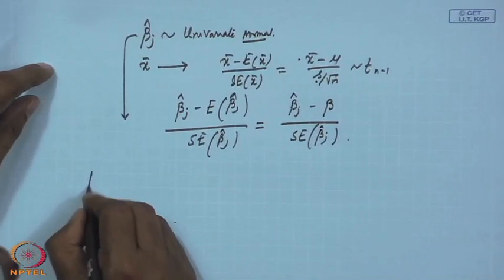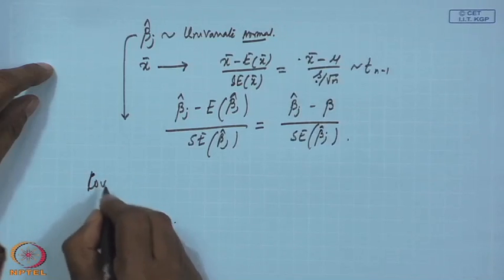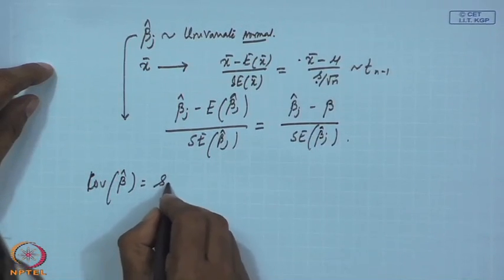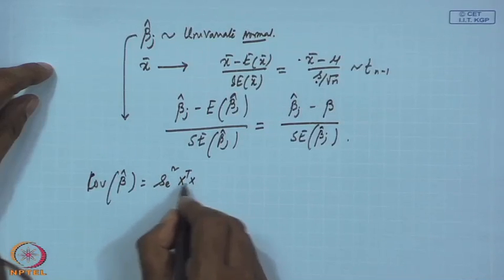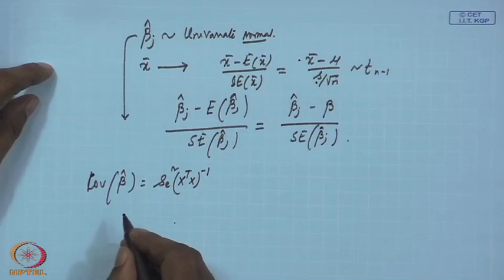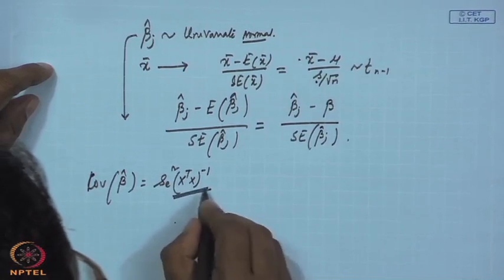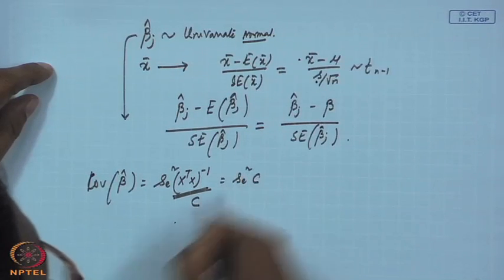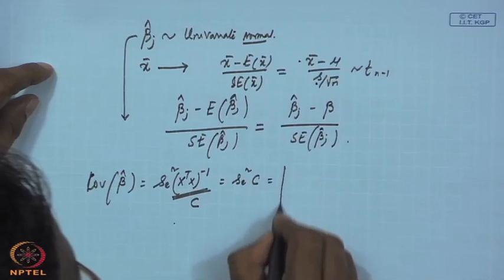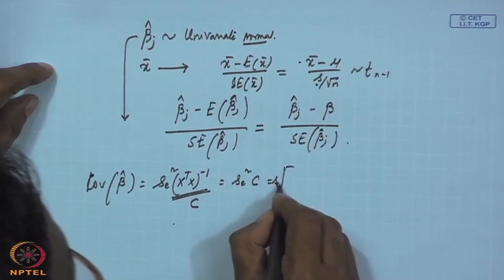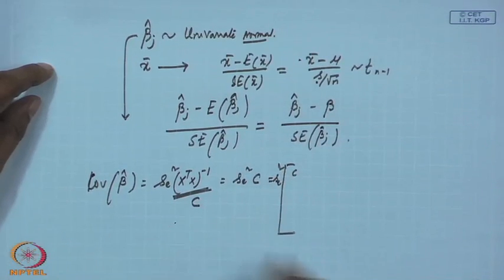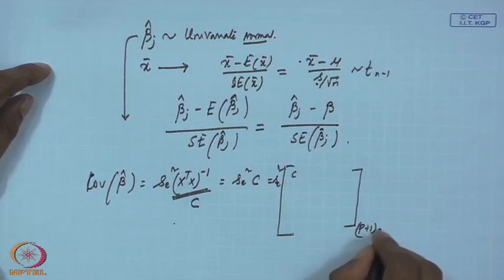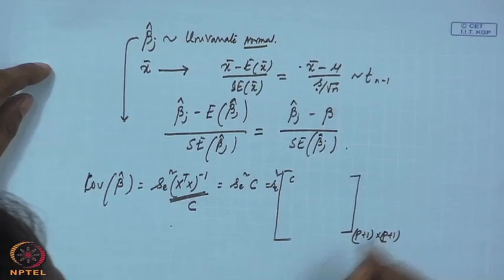See, you know that the covariance structure of beta cap is already given to you. This one is nothing but sigma square X transpose X inverse. So, if I write X transpose X inverse as C, then this is sigma square into C. Sigma square will remain, then what is the size? Size is p plus 1 cross p plus 1.